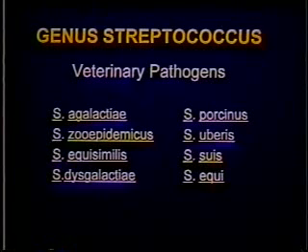The first one of these, Streptococcus agalactiae, as the name suggests, is associated with milk, again an organism that causes clinical mastitis, particularly in cattle. Then there are other organisms within the genus that may cause specific diseases, and 2 or so of those we will mention in a moment.